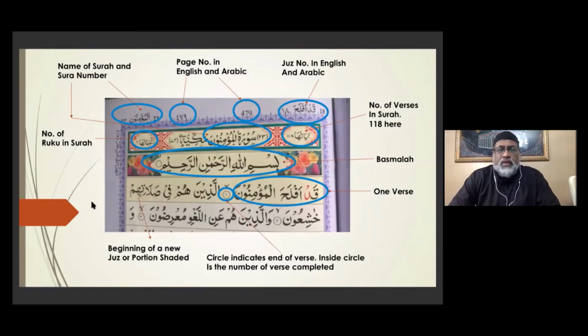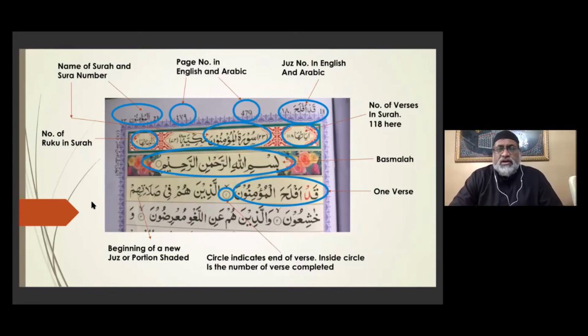Now, whenever you begin a new portion, like a new juz of the Quran, because there are 30 juz, every time you start a new juz, you would usually find that they would try to help you know when you're beginning a new juz. One of the ways they do it is they shade the verse or that line to tell you we're about to begin a new juz.